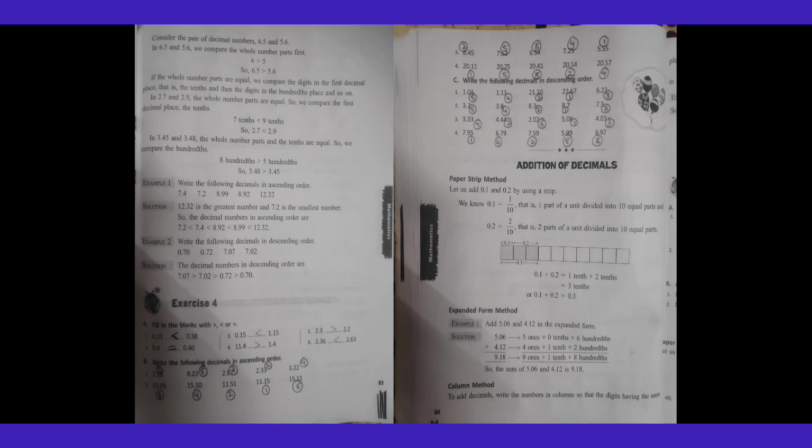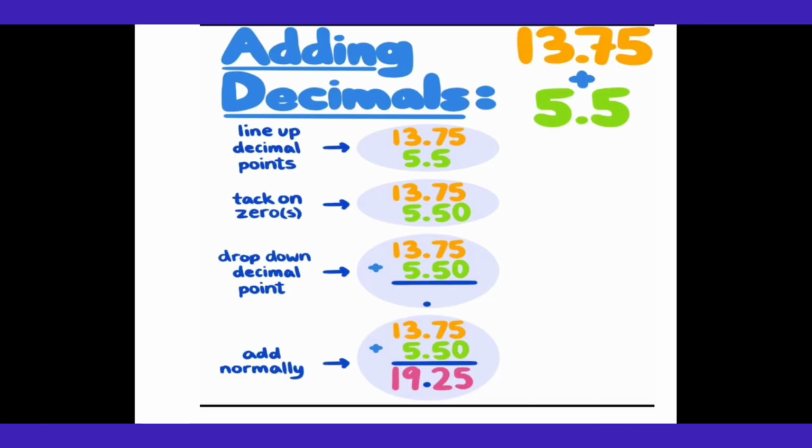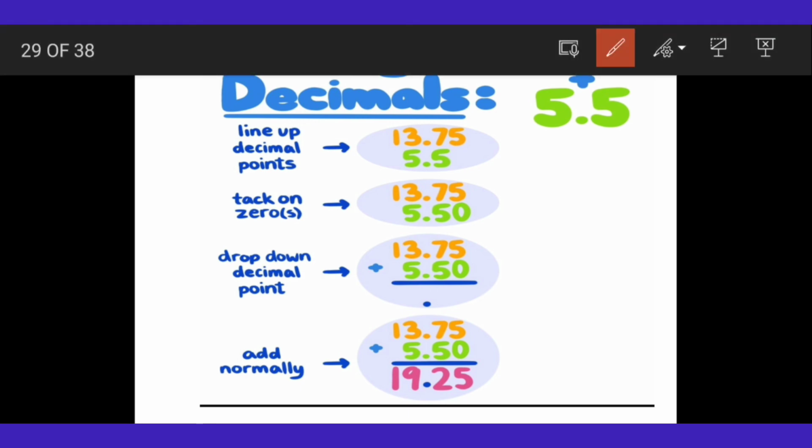Now addition of decimals. How will you add decimals? Here also you have to first line up the decimal points, then add zeros. If the decimal numbers are unlike decimals, make them like by adding zeros, and the value will not change.